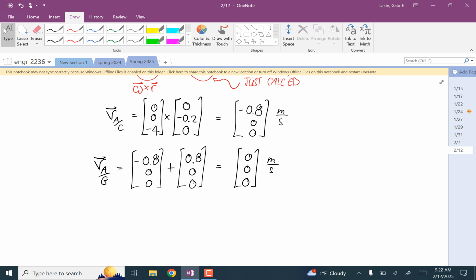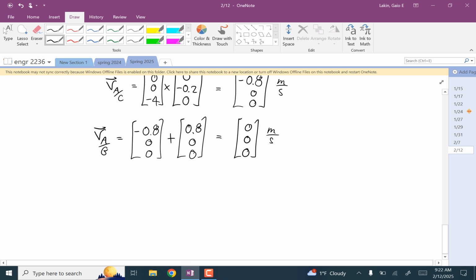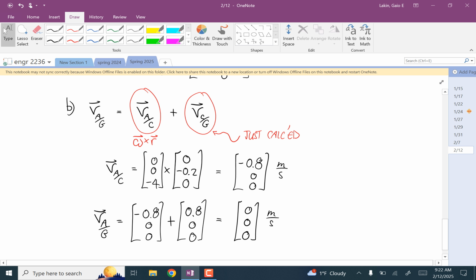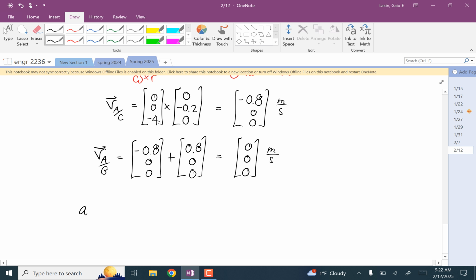Okay, now what about the acceleration? If you had to guess the acceleration of this point A, you'd probably guess 0. It's not going to be the case, though. So we're going to do it the same way.